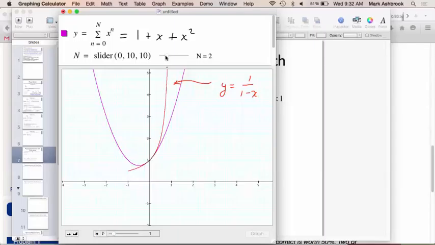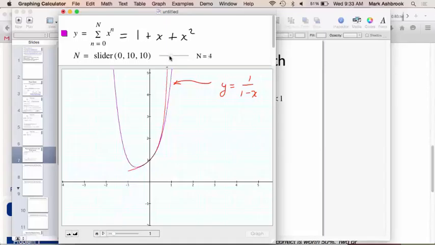Every time we add a term, here's 1 plus x plus x squared plus x cubed. So this infinite polynomial, as I add more and more terms to it, is converging on the actual graph of 1 over 1 minus x, such that if I were able to add all infinitely many terms, I would get the actual graph of 1 over 1 minus x between -1 and 1.